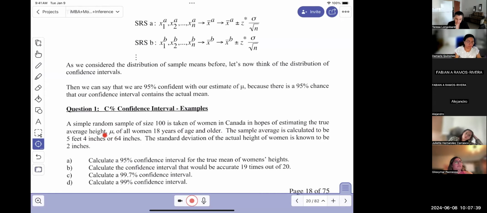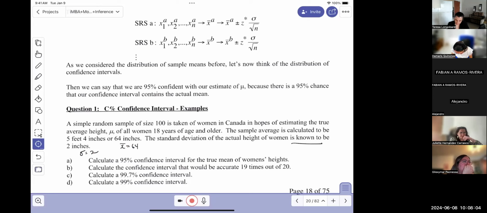So we want to try and estimate mu. We don't know it. The sample average is calculated to be, so this is information on X bar. This is the sample average. And we know that the standard deviation is 2.